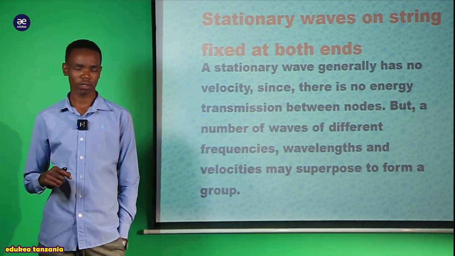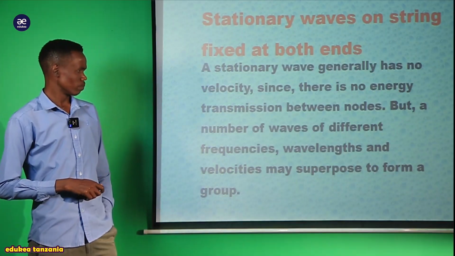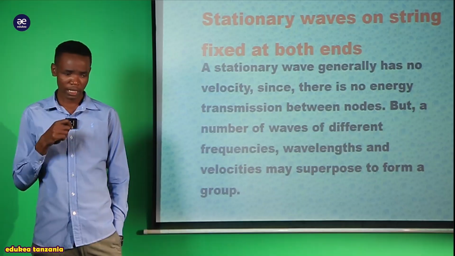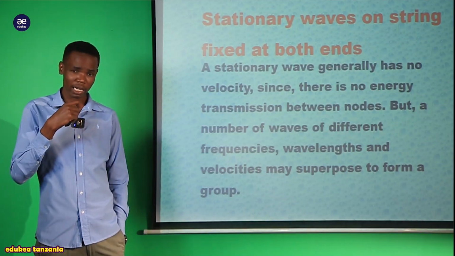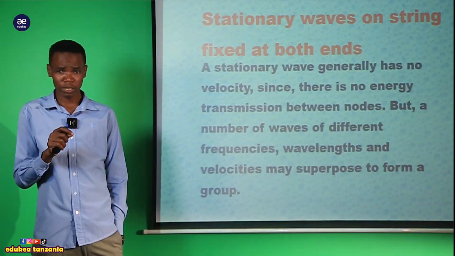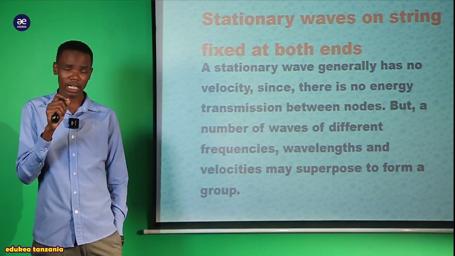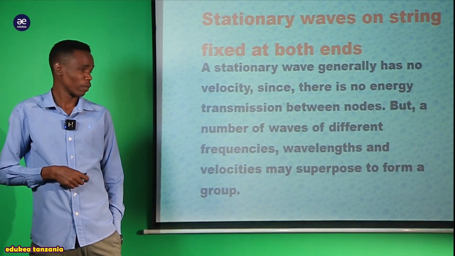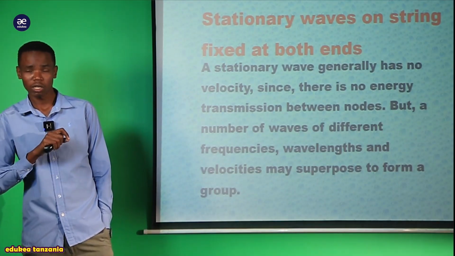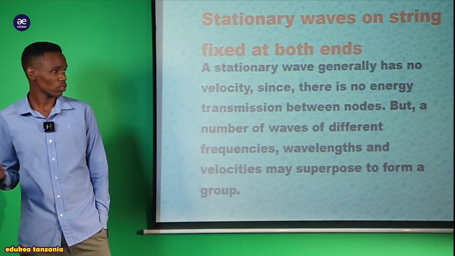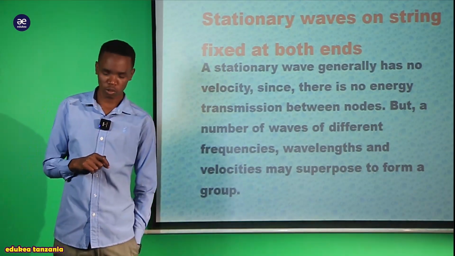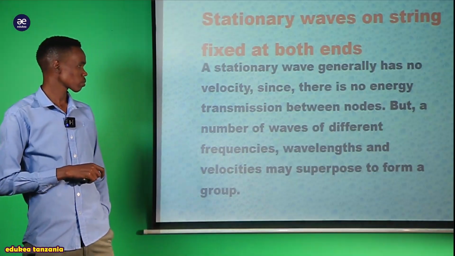Since there is no energy that is transmitted from one point to another point, but energy is stored at one end, as we learned in the previous statements. Because there is no idea of energy being transferred from one place to another point, we assume that there is no velocity at all, my dear students.